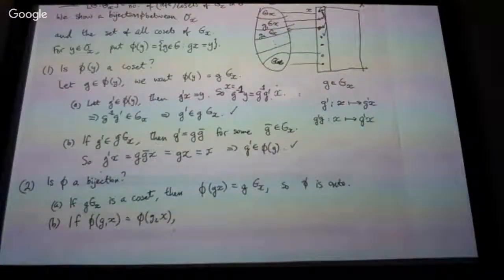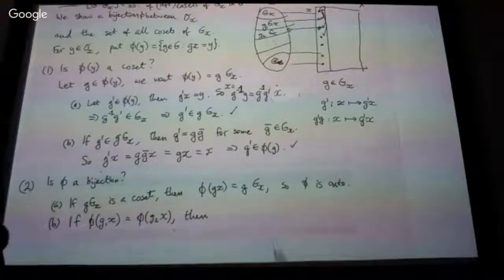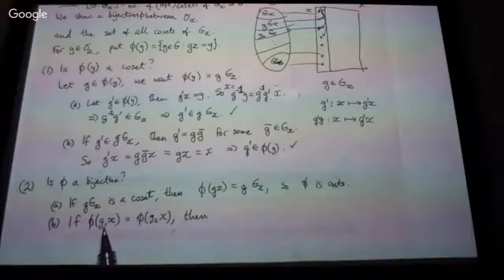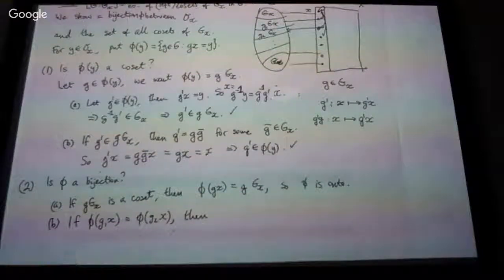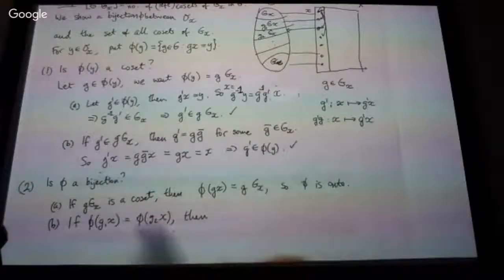What do I want? So this is the set of all G's that map X to Y. So this must be the coset of G1, and this must be the coset of G2.